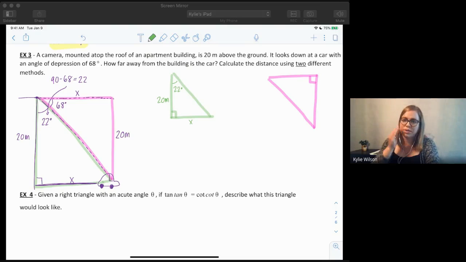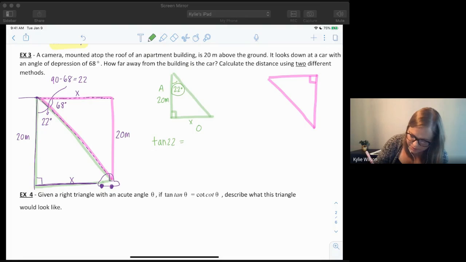So we know that SOHCAHTOA is okay. Then I circle my angle and label the sides that have stuff on them. So the side touching my angle is my adjacent, and the side right across from my angle is my opposite. So I have O and A, so that means I'm going to be using tan 22 equals x over 20.